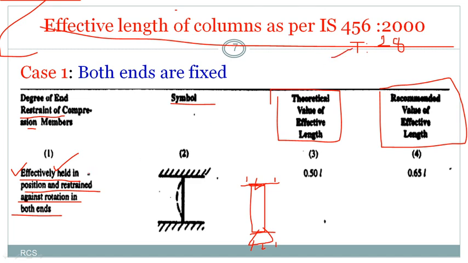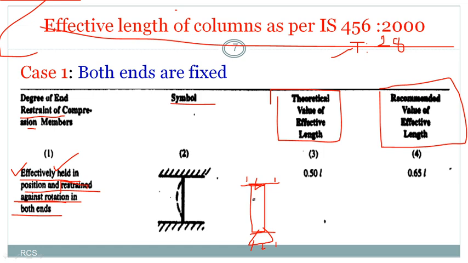Then coming to the meaning of the other phrase, restrained against rotation. That means there is no chance of rotation of the column at both ends. We have already seen what a fixed condition is. In a fixed connection, there is no chance of movement in any direction, horizontal or vertical, along with rotation.